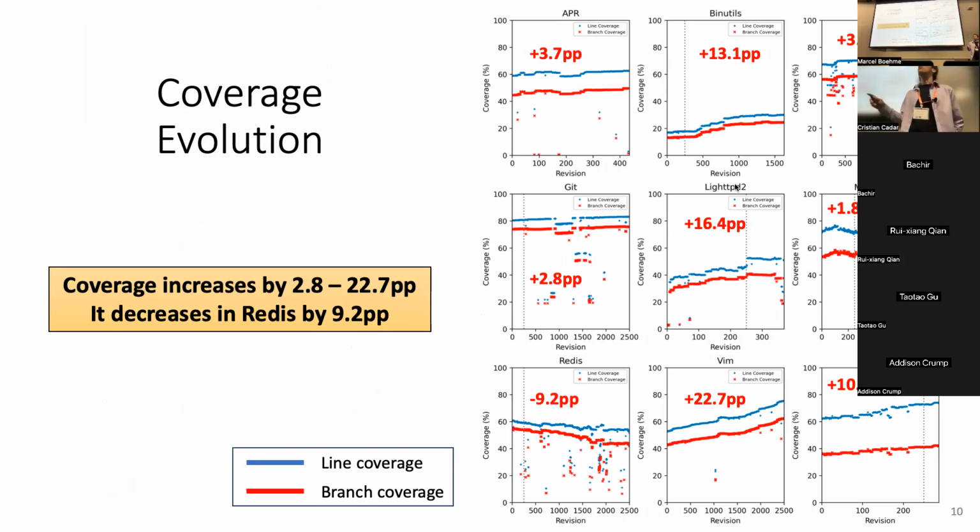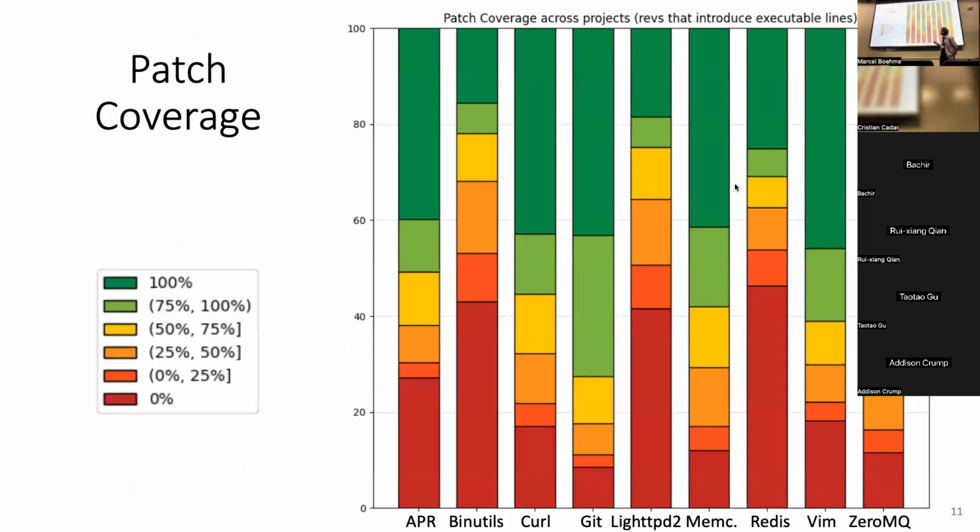Now, more than overall coverage, here's a graph that shows you the patch coverage for these projects in this development time. By patch coverage, I mean the percentage of lines in the patch which are tested by the developer test suite.